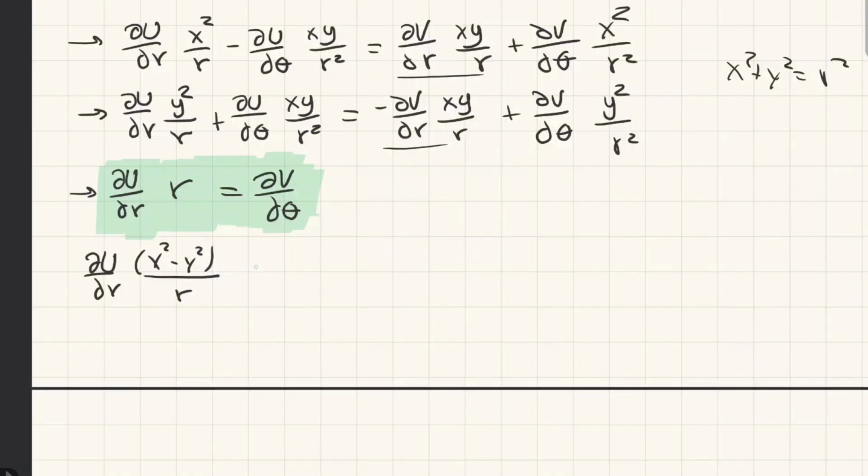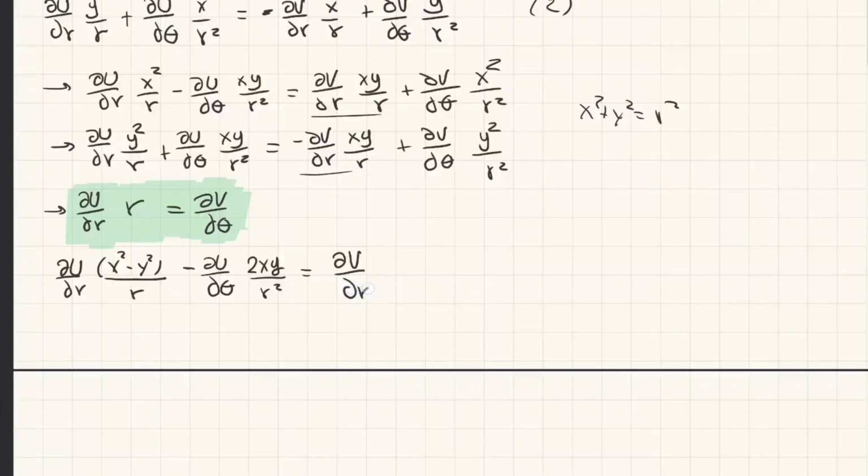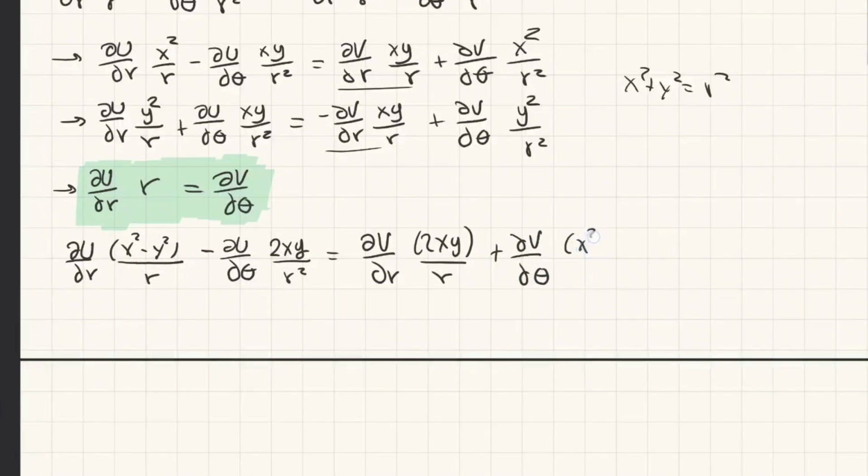And then it will be minus the derivative of u with respect to theta, 2xy divided by r squared, equals the derivative of v with respect to r, and then xy minus xy, so that will be 2xy divided by r, and then plus the derivative of v with respect to theta times x squared minus y squared divided by r squared, right? Okay.